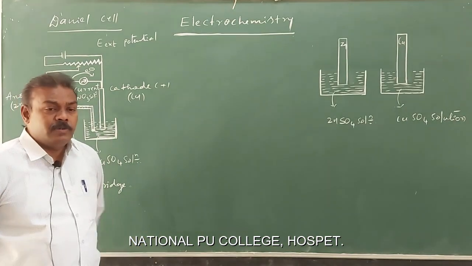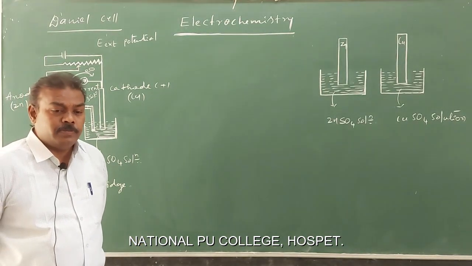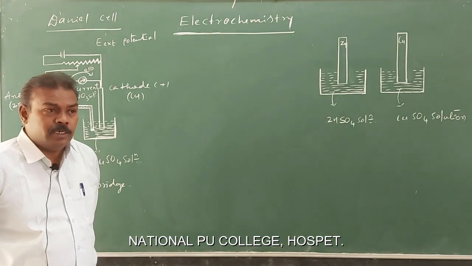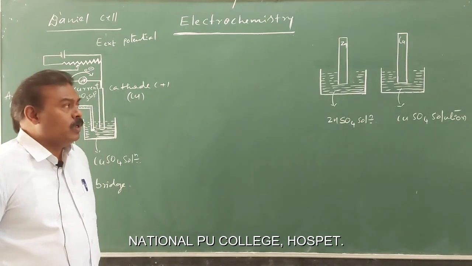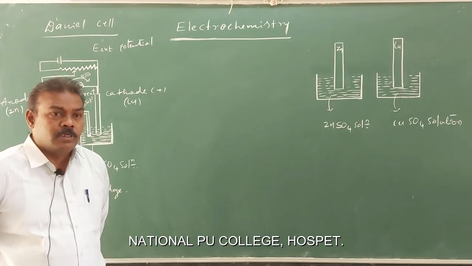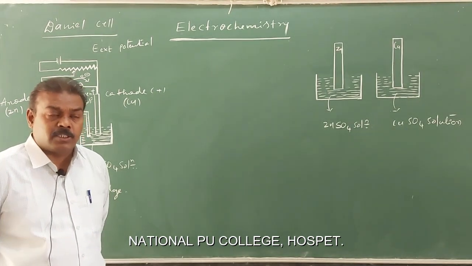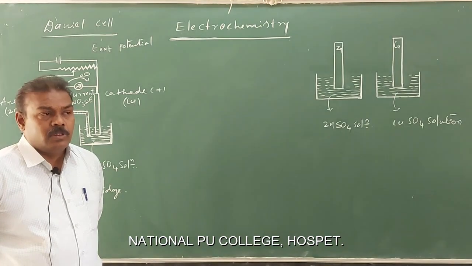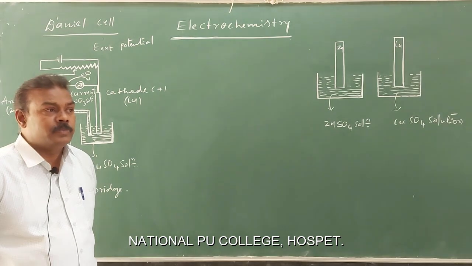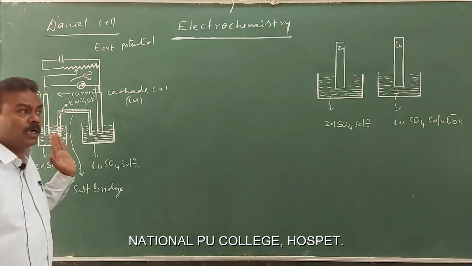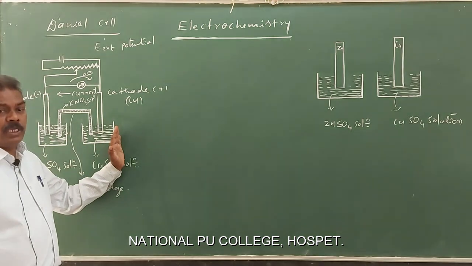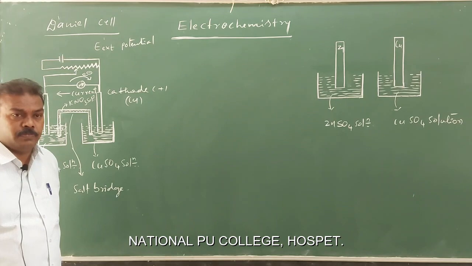So here the zinc metal is undergoing oxidation and the copper electrode is undergoing reduction. According to that procedure, we have studied the construction as well as the working of the Daniell cell. Now, whenever we construct an electrochemical cell, the left side electrode usually undergoes oxidation and the right side electrode undergoes reduction.